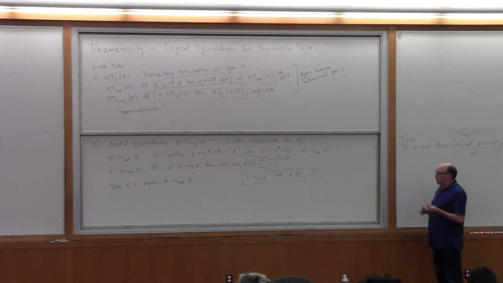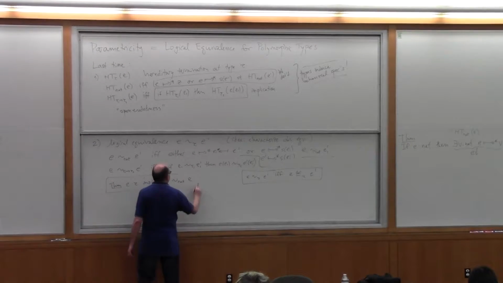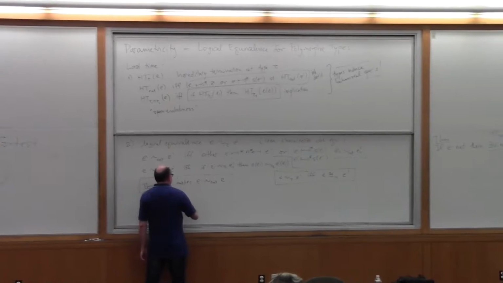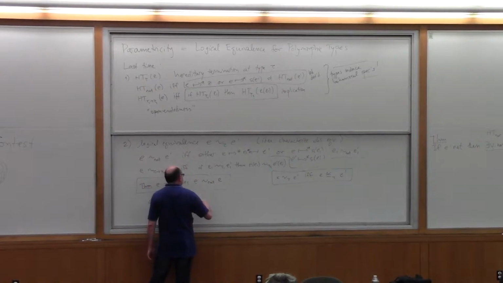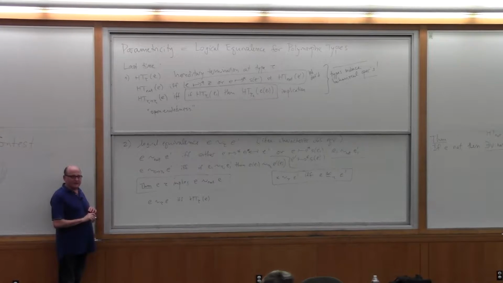So that's a straightforward thing. This is the important theorem. Now the thing I want you to notice is that E is self-related at tau if and only if it's hereditarily terminating at tau, just by the way I've defined everything.